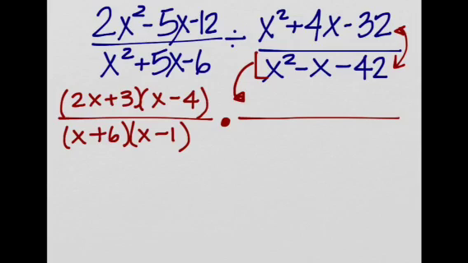So the x squared minus x minus 42 comes to the top, and that factors to x plus 6, x minus 7.